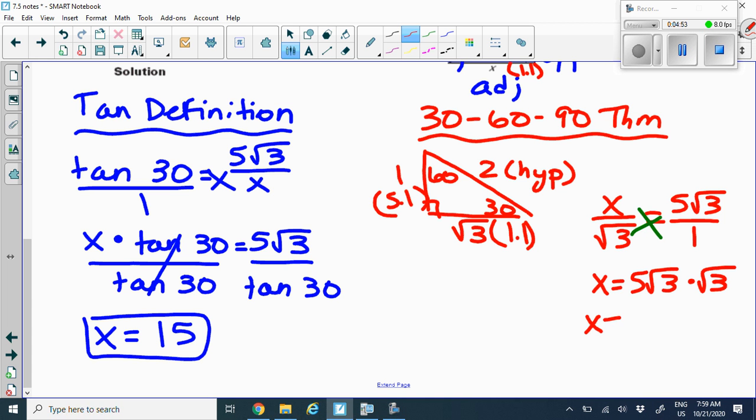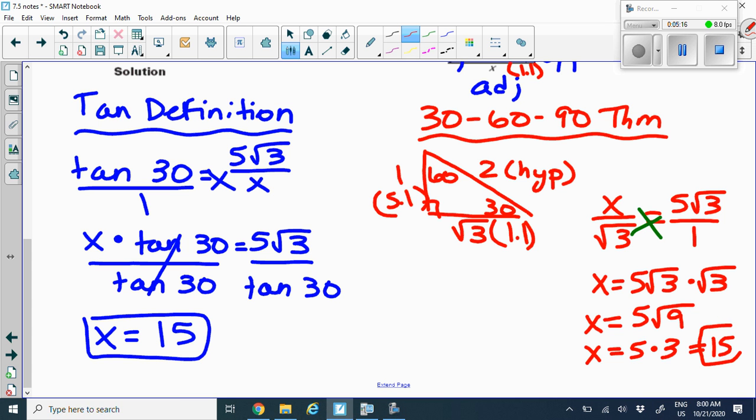We can multiply the square roots of 3's because both the 3's are underneath the square root sign. So now I have 5 square root of 9. Now 9 is a perfect square. So I change it to 5 times 3, since the square root of 9 is 3, and I multiply 5 times 3 to give me 15.